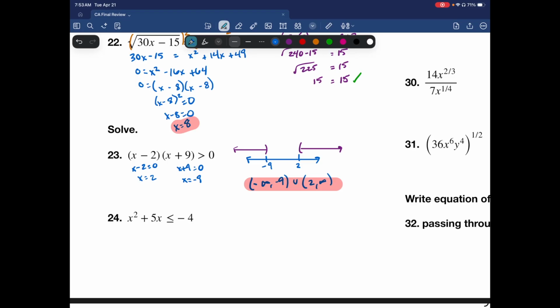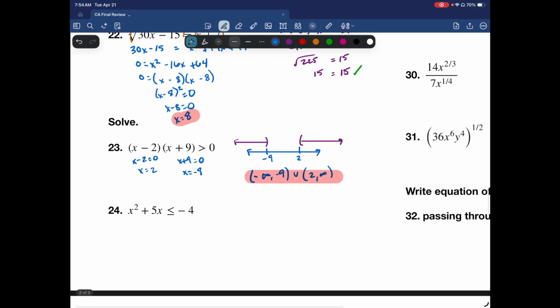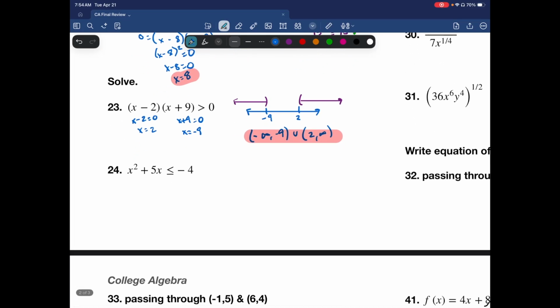On 24, I've got to get everything to the same side and factor. So you've got x squared plus 5x plus 4 less than or equal to 0. Factor. You get x plus... what times what is 4 and adds to 5? It's going to be 1 and 4. So x plus 1 equals 0 and x plus 4 equals 0.